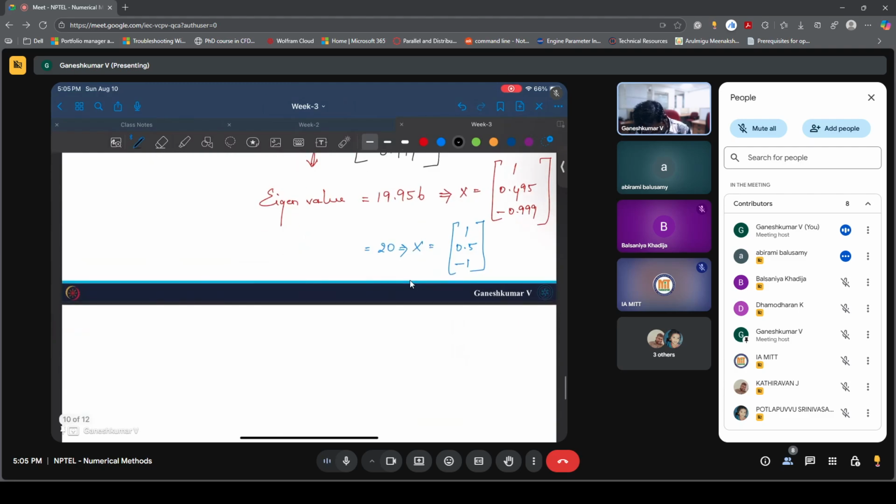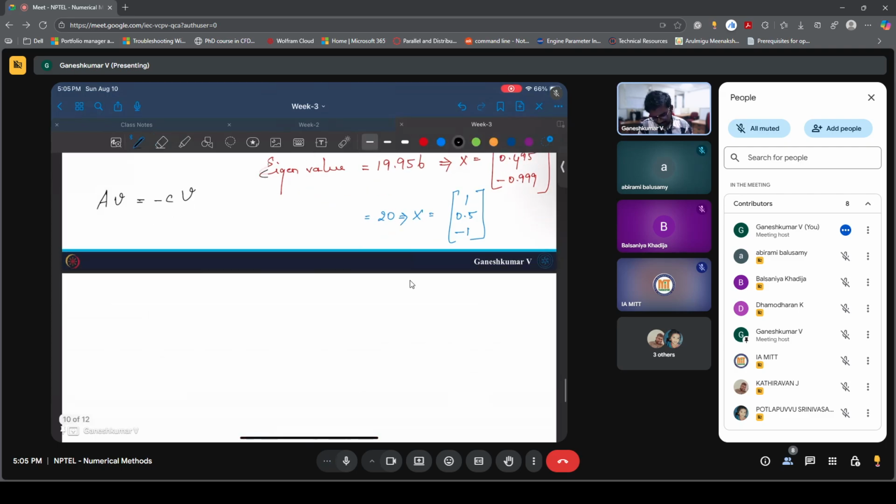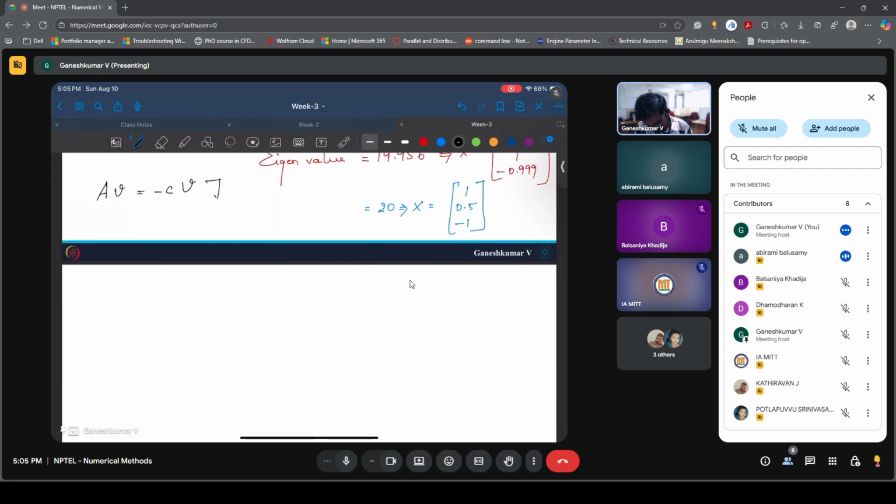So what we have is A times v. V is what we are calling x, right? So A times v is equal to some constant c times v. Okay, but ideally how do we write this?